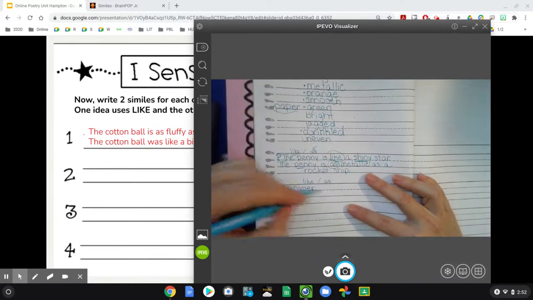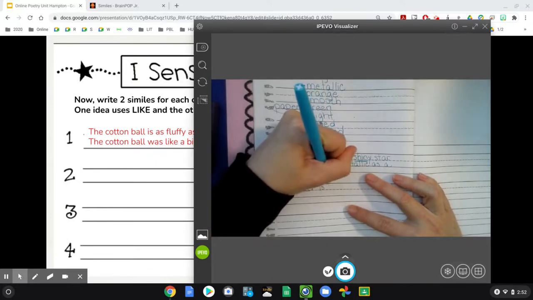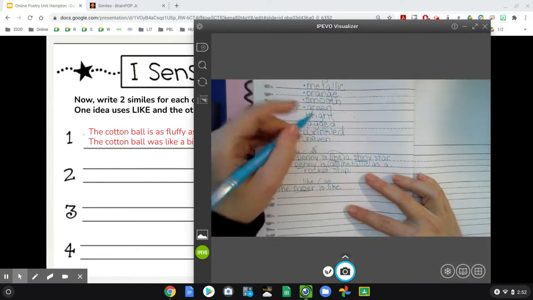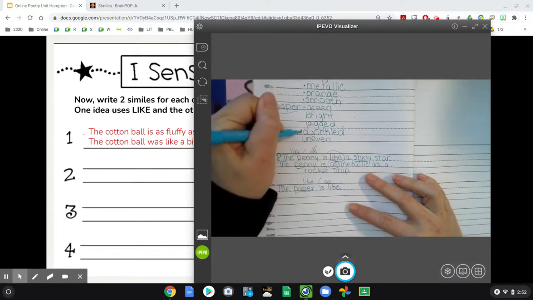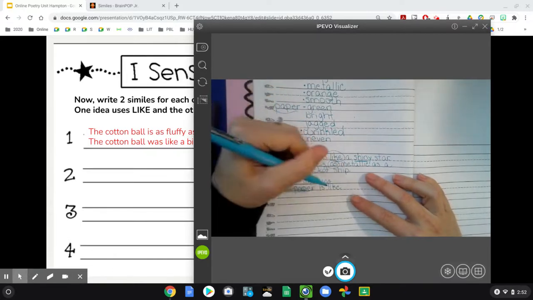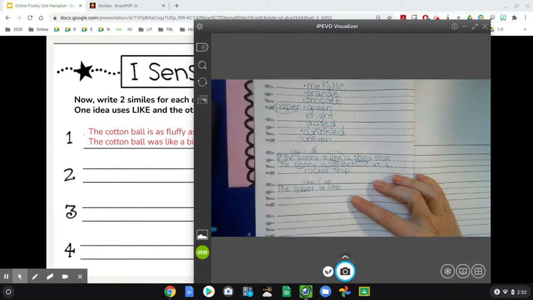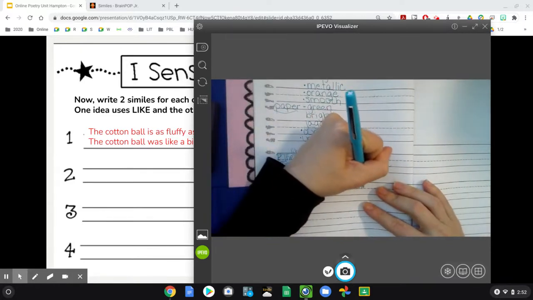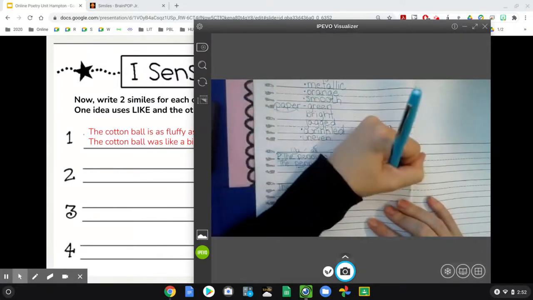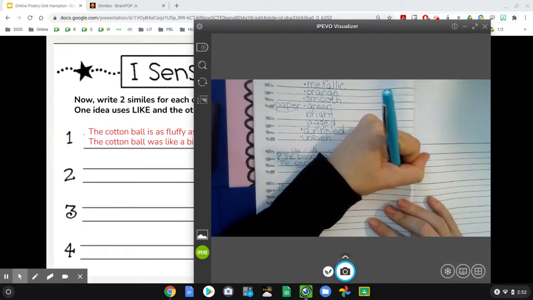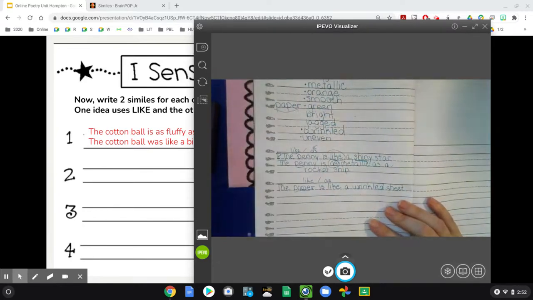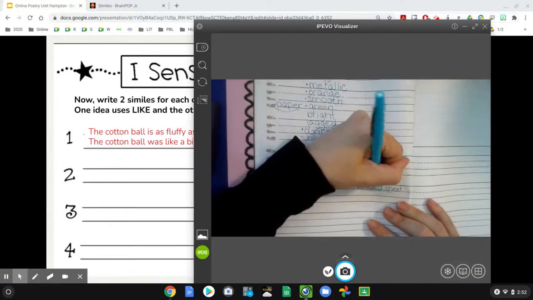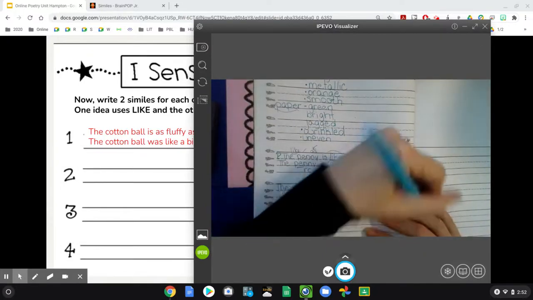So the paper is like, and I had said wrinkled or maybe uneven, is like, let's see, trying to think of something, is like a wrinkled sheet. The paper is like a wrinkled sheet. So I'm comparing that to that, okay?